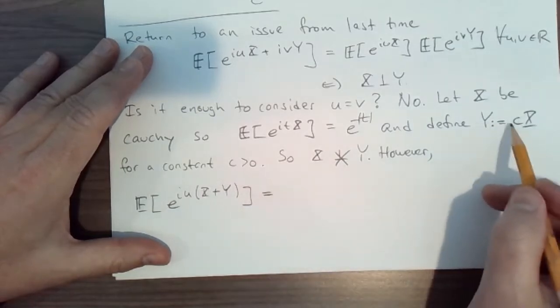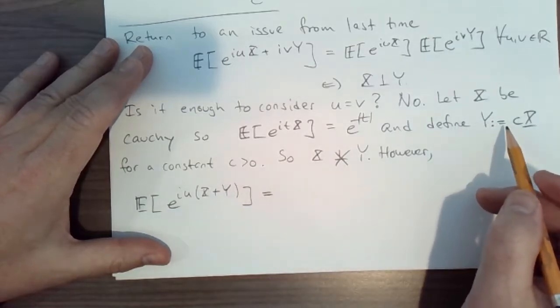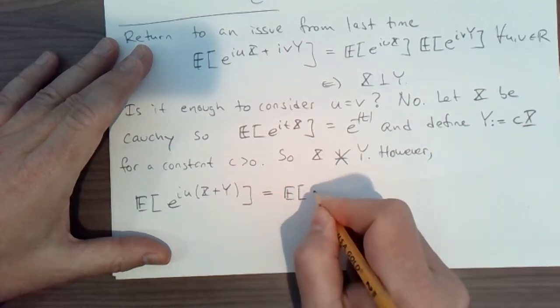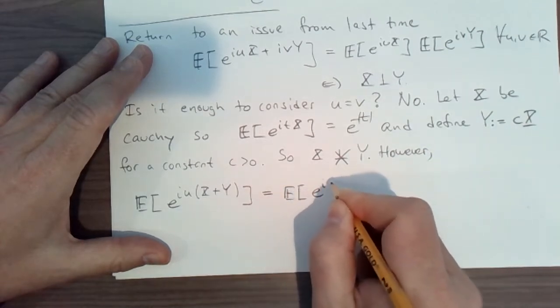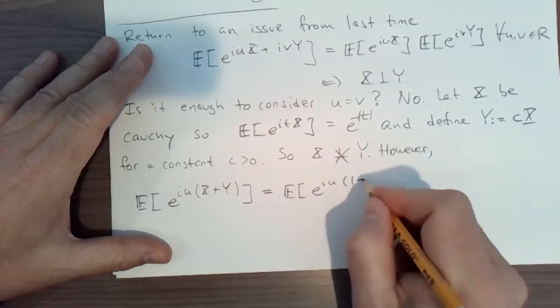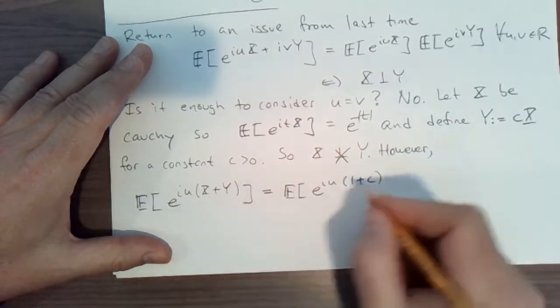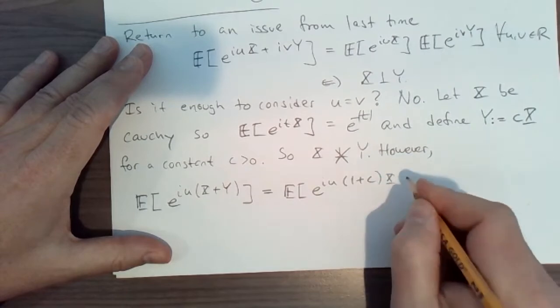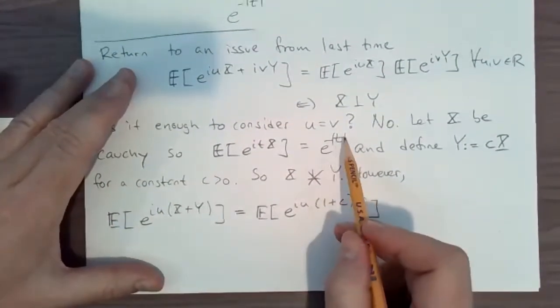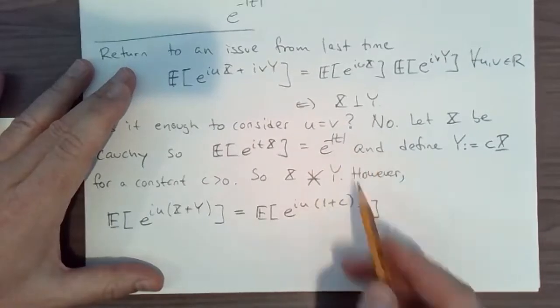Well, I'll use that Y is just a constant times X. So this would be e to the i u times 1 plus c times X. And then I'll use that X is Cauchy distributed.